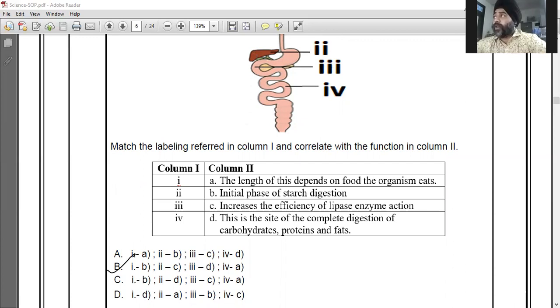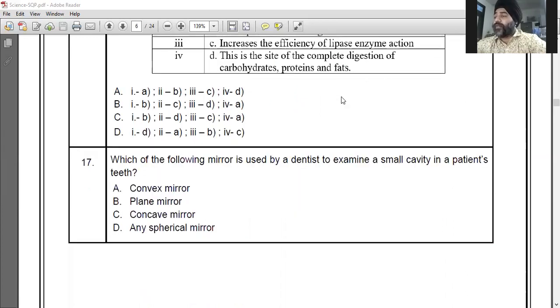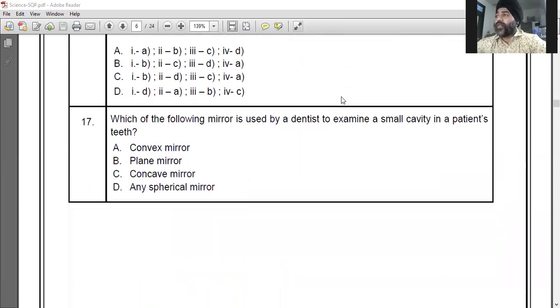Now we are proceeding to the next question. Which of the following mirror is used by dentist to examine a small cavity in patient's teeth? When we talk about convex mirror, convex mirror always forms a small image.